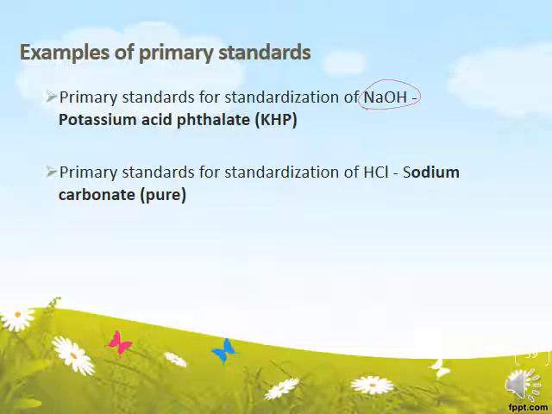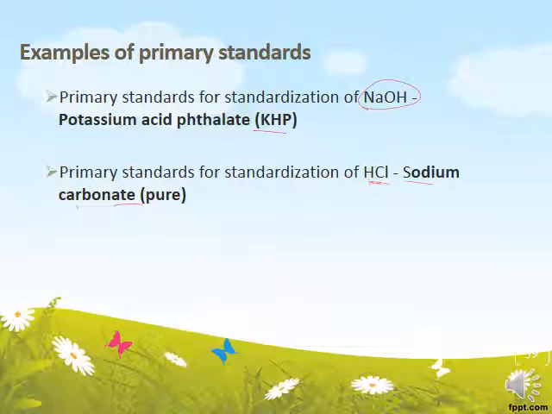So secondary standard has to be standardized against a primary standard, which is KHP, potassium hydrogen phthalate. Then the primary standard for standardization of hydrochloric acid: let's say hydrochloric acid is the titrant and sodium hydroxide is a sample. So we have to standardize hydrochloric acid with pure sodium carbonate. So sodium carbonate here is the primary standard.